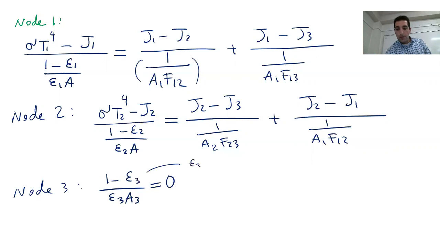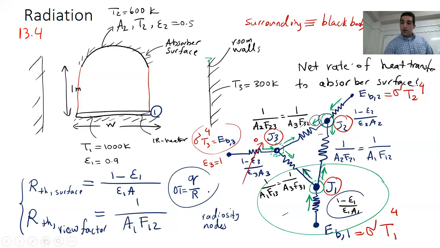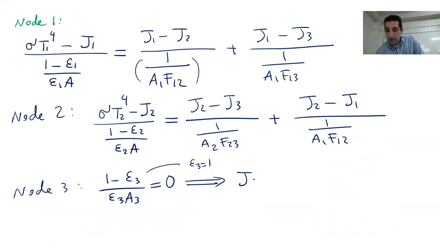Why? Because epsilon 3 is 1. Then what happens is that if this is 0, there is no resistance, then whatever leaves from Eb3 is equal to J3. There's no resistance to reduce it, right? So simply we can say J3 is already found, which is equal to Eb3, which is equal to sigma times the temperature of the wall to the power of 4.